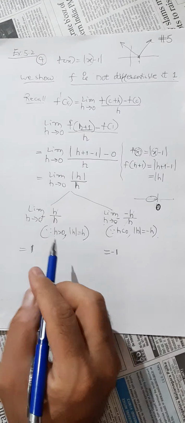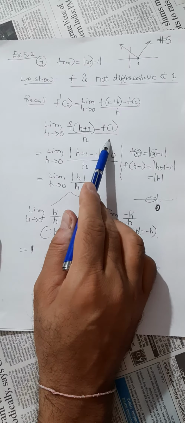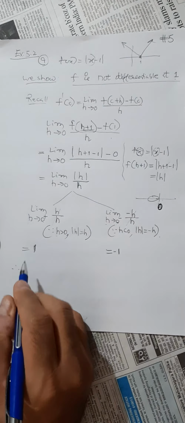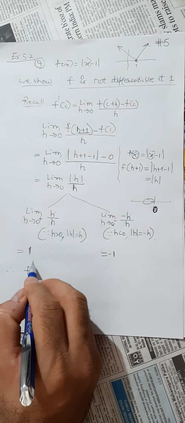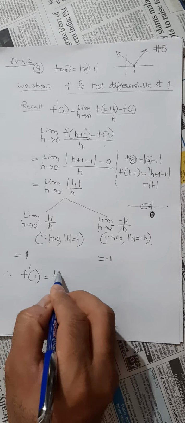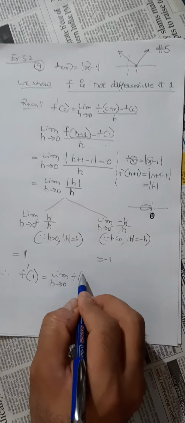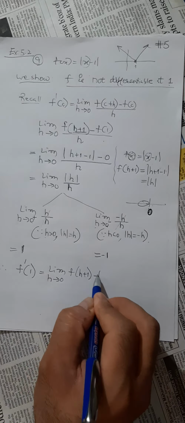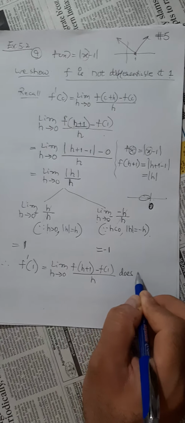So what you have shown is that this limit doesn't exist. And therefore what is your conclusion? What was this? This was f dash 1, which is equal to limit h tends to 0, f of h plus 1 minus f of 1 upon h, and it doesn't exist.